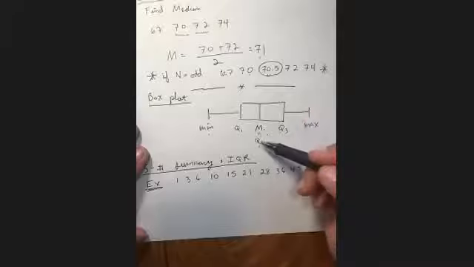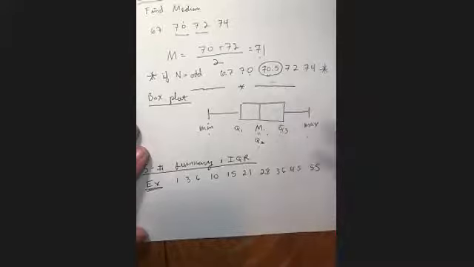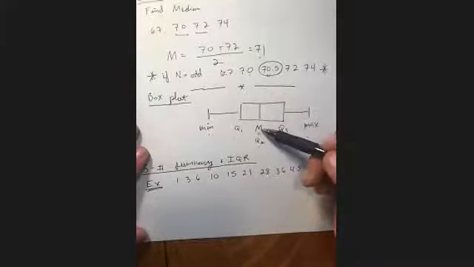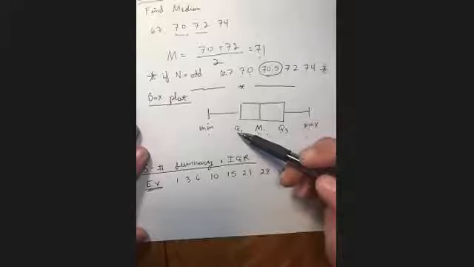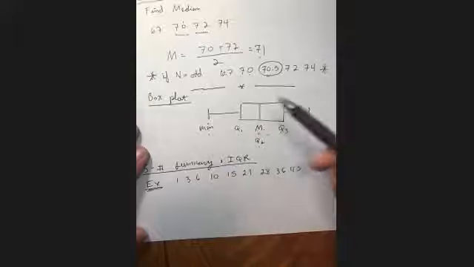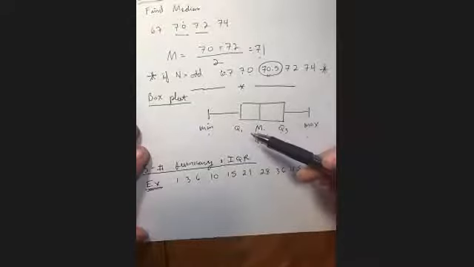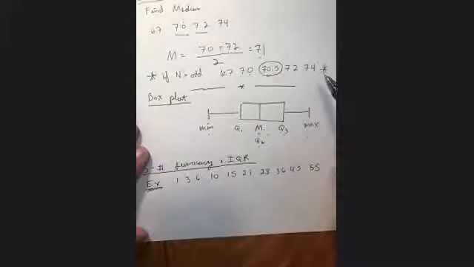So the median happens to be the second quartile because the second quartile divides the data into two halves, just like the median. The first quartile separates the lower 25% from the upper 75% of the data. The third quartile separates the lower 75% from the upper 25% of the data.